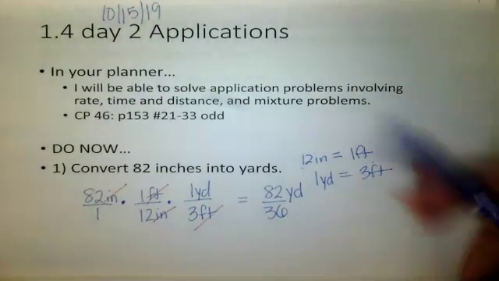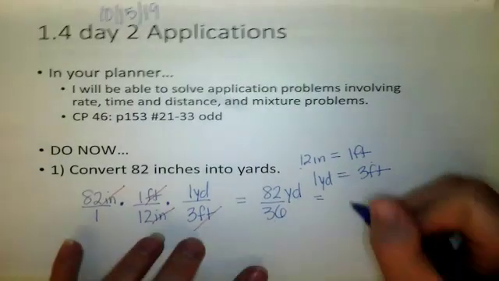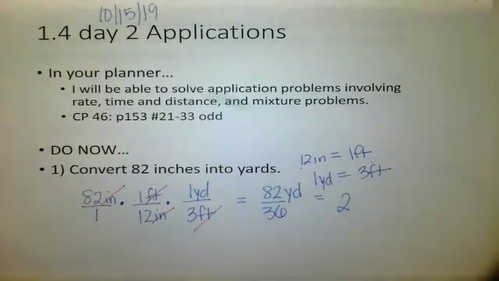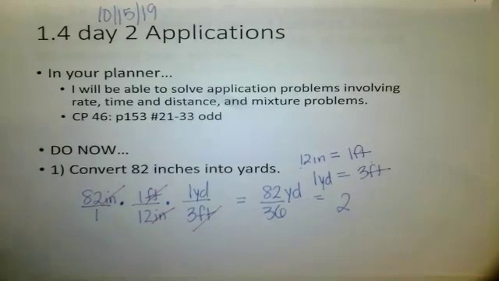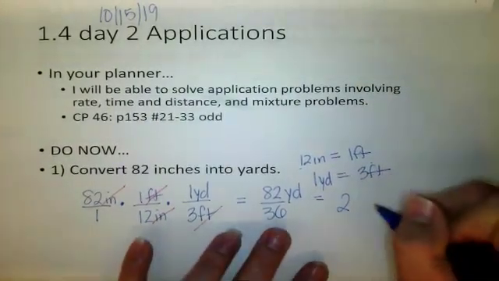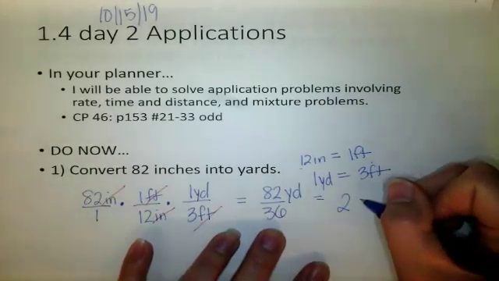Okay. But really, so how many times is 36 going to 82? 2. What, 36 times 2? Got it. 36 times 2 is 72. Okay. So how many inches are left? 10.